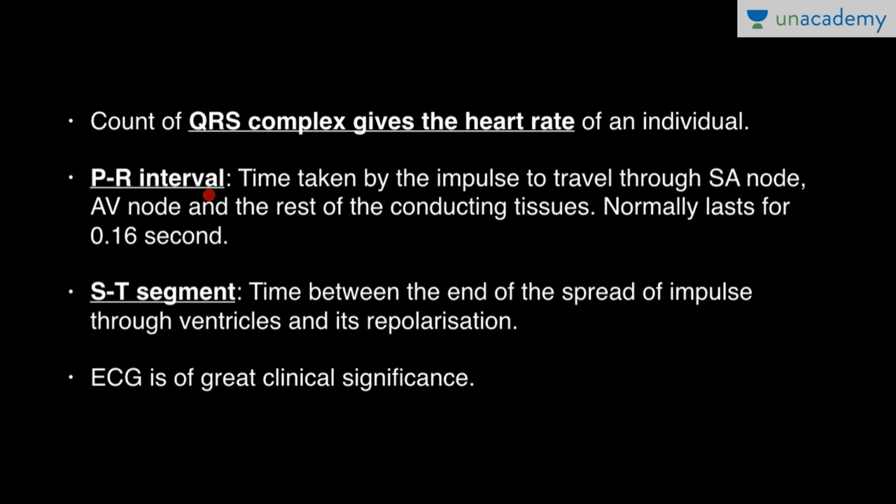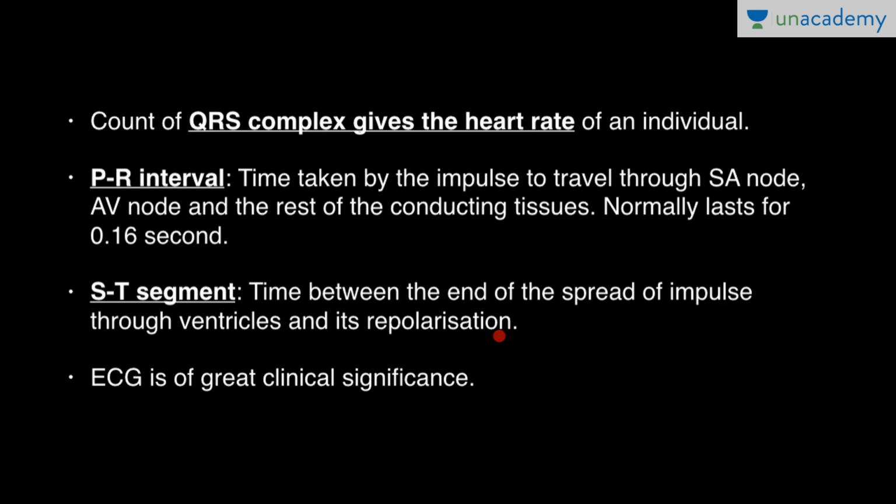PR interval. The time taken by the impulse to travel through the SA node, AV node and the rest of the conducting tissues normally lasts for 0.6 seconds. So the time taken for the impulse from the SA node to travel to all of the conducting tissues is represented by the PR interval. Then we have the ST segment, the time between the end of the spread of impulse through ventricles and its repolarization.